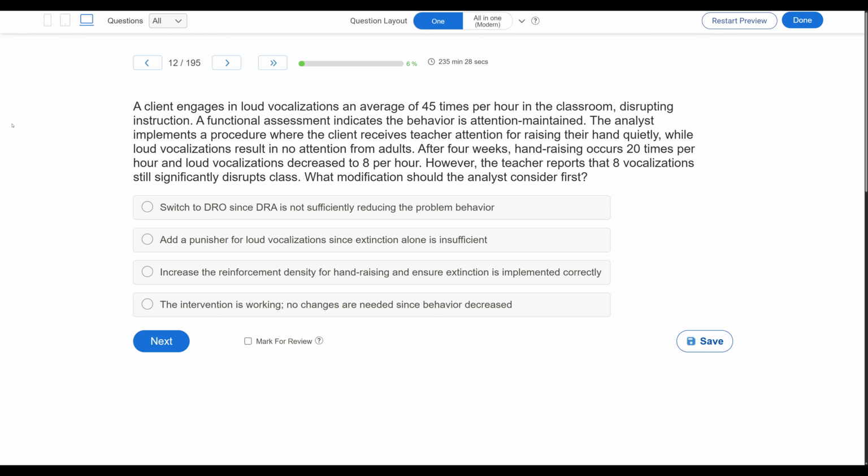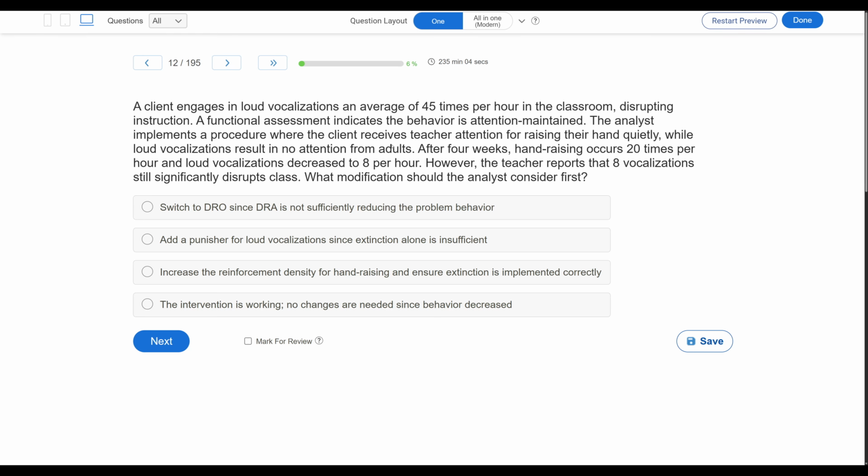All right, this is a good question. It's challenging. The question says, importantly, what should be considered first? And that's important because there are a lot of different things and paths we can go with an intervention. So when the question is saying what we need to do first, we have to really think hard about that. In this case, the client's engaging in a lot of loud vocalizations.